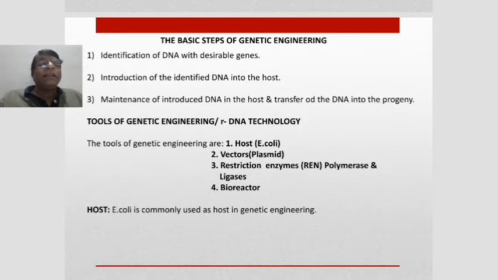Then that plasmid must be introduced into the host. Host may be bacterium also, or any crop plant. That is the second step. And the third step is maintenance of introduced DNA in the host and transfer of the DNA into the progeny.